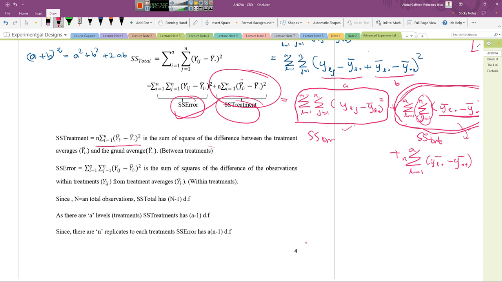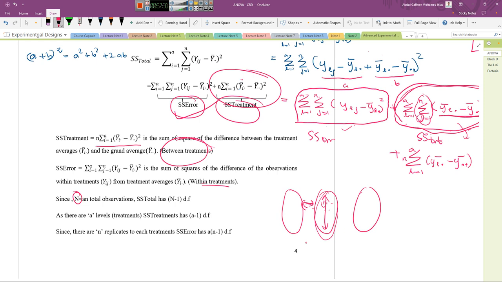Let's say these are the treatments, so these are between treatments, and within them we have within treatment points, which have variation. That variation is called within treatment, and between treatment means between the groups. Since n is the total number of observations, the sum of square total has degrees of freedom.